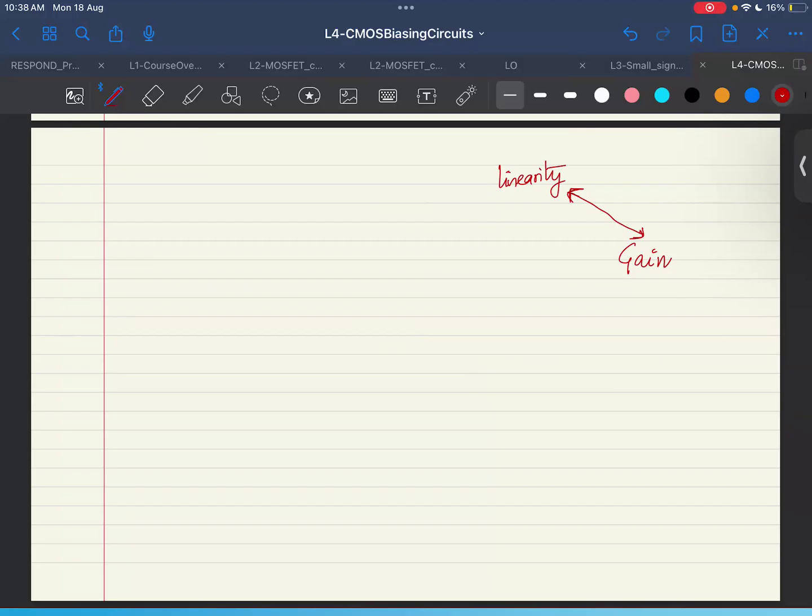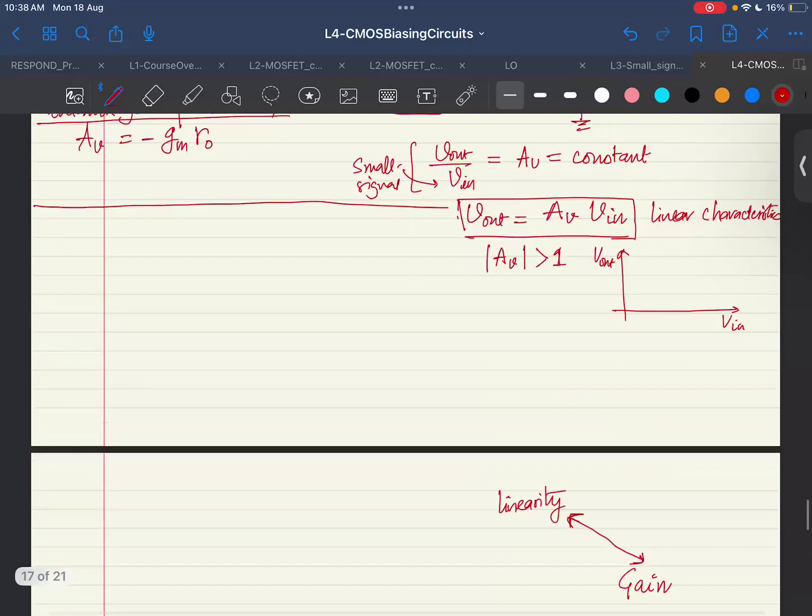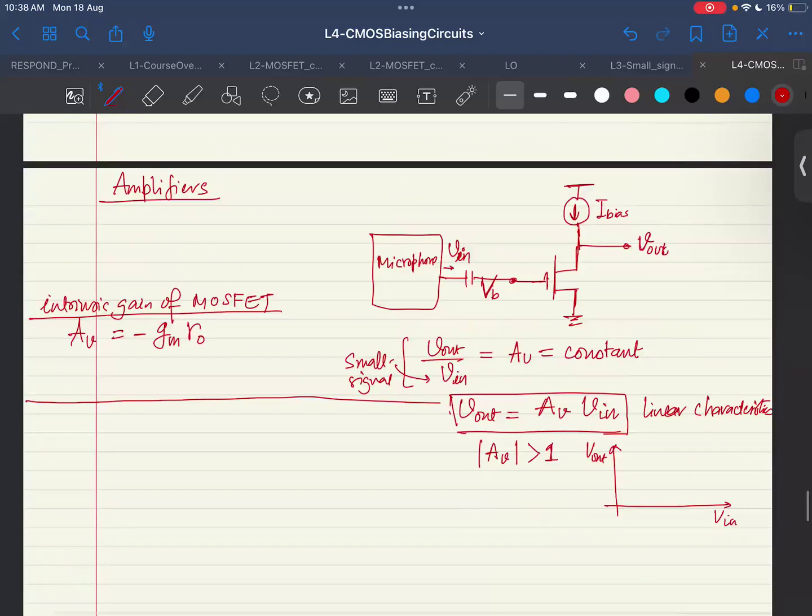Other than linearity, what else comes into play, right?